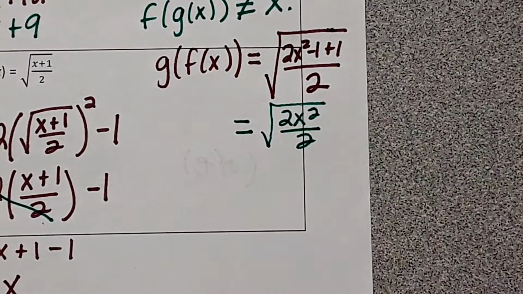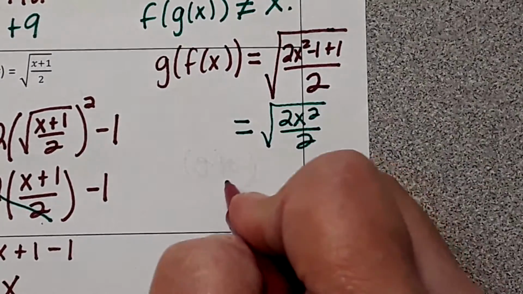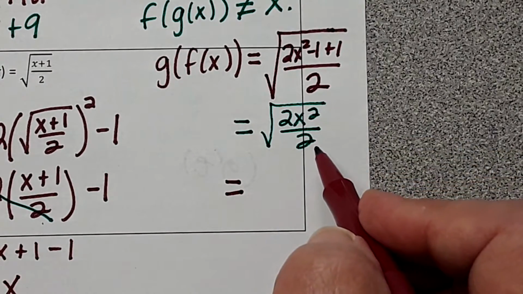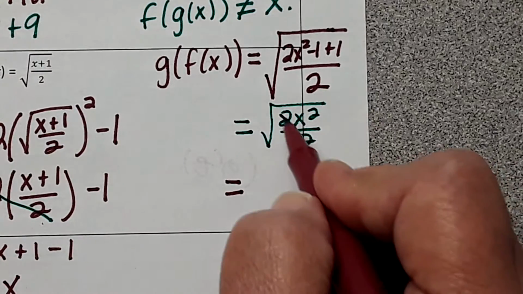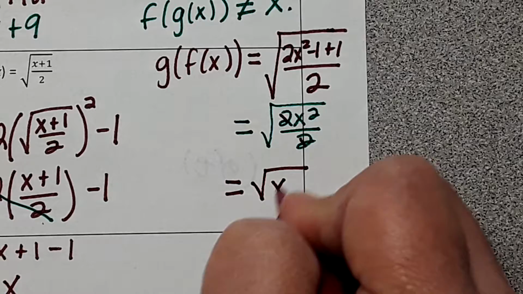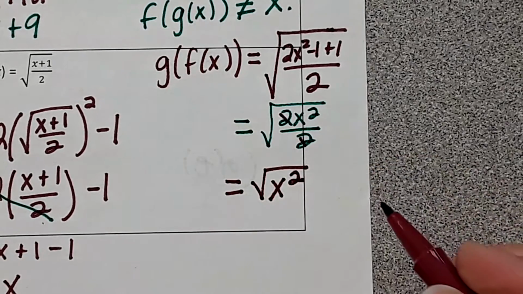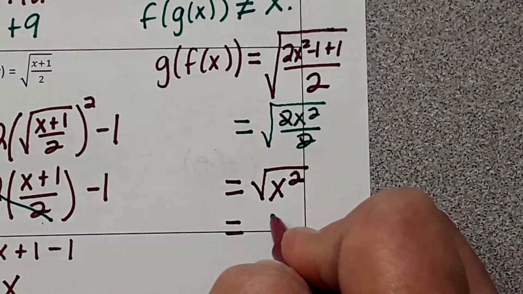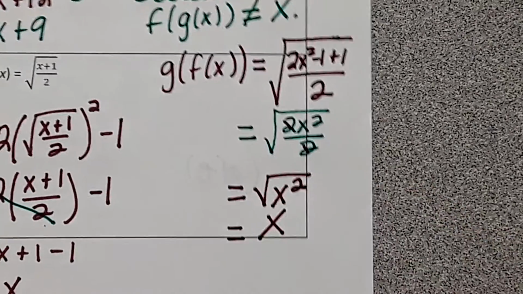What happens with the 2's? They cancel each other out, and you're left with the square root of x squared. And what is the square root of x squared? X.